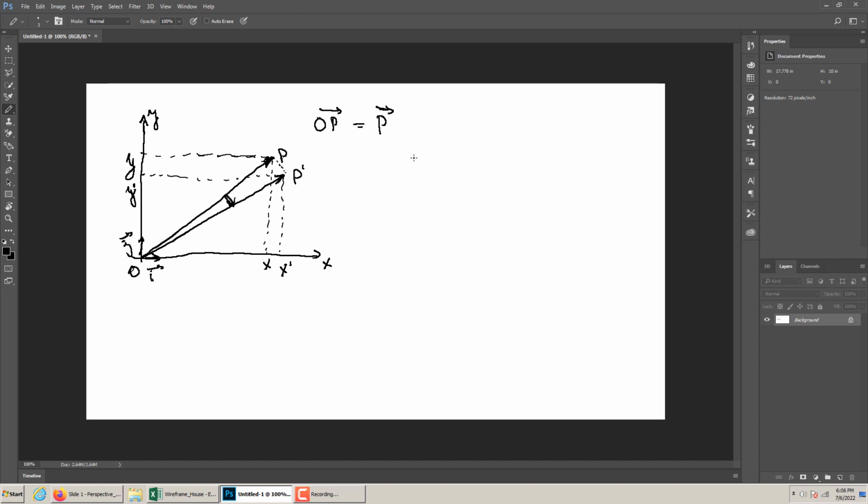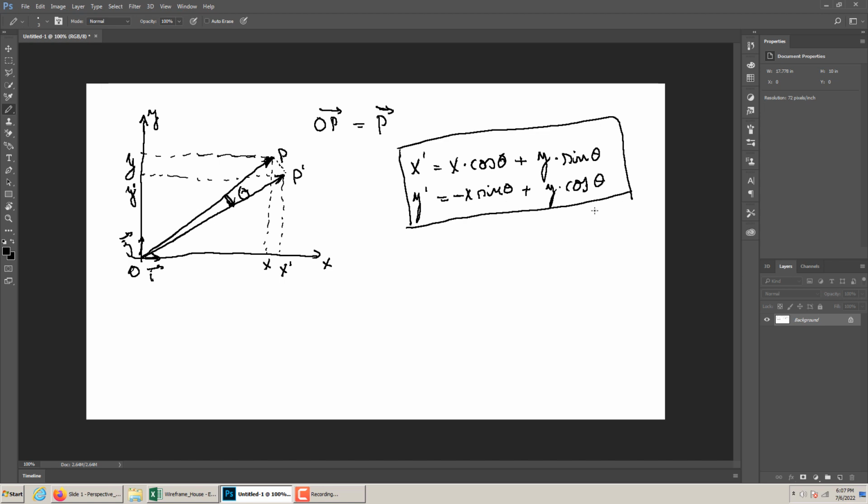So what I claim is that x prime is equal to x times, let's call this angle theta, cos of theta is a little bit longer, so we need to add something, plus y times sine of theta, and y prime is equal to y cos of theta with a plus, so y cos of theta minus, this is smaller, okay, x sine of theta.